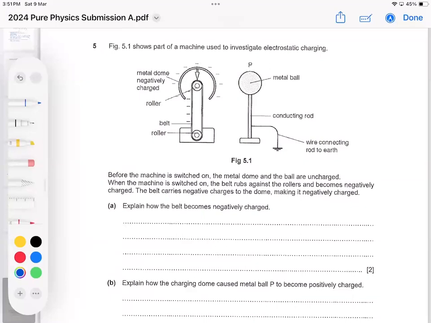So as we can see, the belt becomes negatively charged because over here it mentions the belt rubs against the rollers and becomes negatively charged. So when it becomes negatively charged, it is likely to gain electrons from the roller. Okay, so really straightforward.